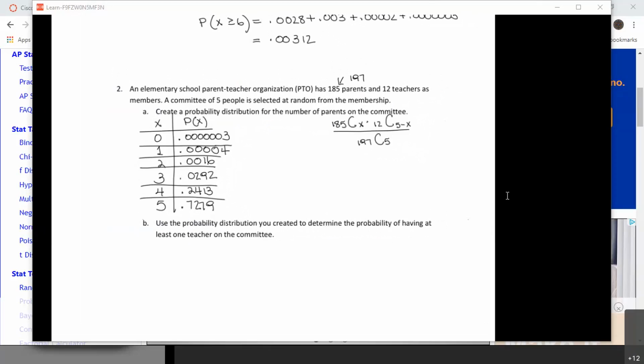Okay? So using the probability distribution we created, determine the probability of at least one teacher. But remember, my X is tracking the number of parents. So at least one teacher means 4 or fewer parents.